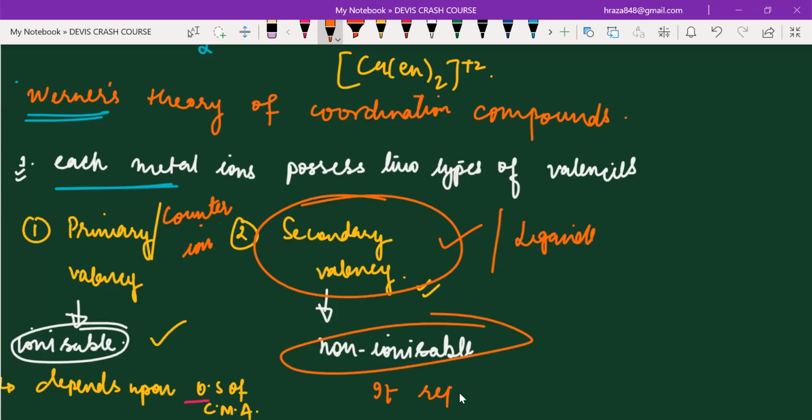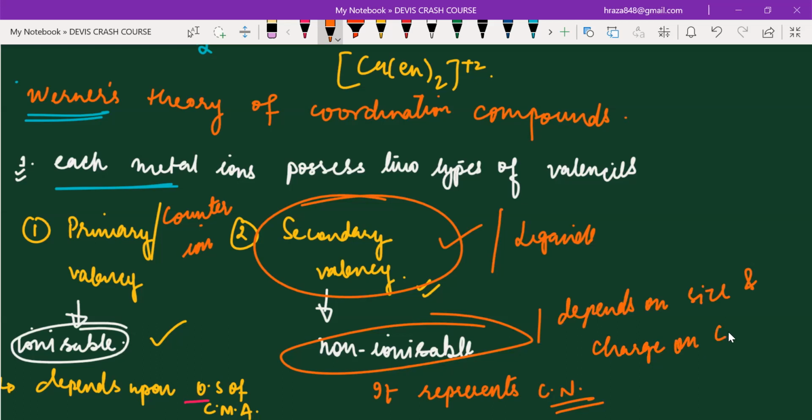That is, how many bonds the ligands are making, that is the coordination number. And it depends on size and charge on central metal atom.